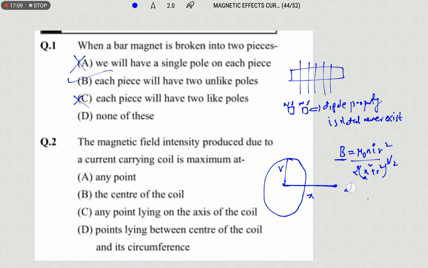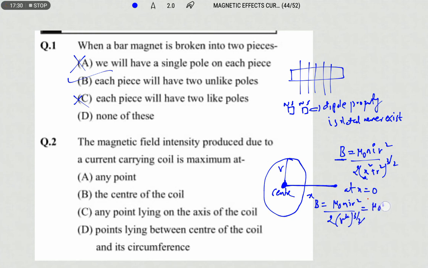Then let us take x equals 0, that is, I am moving to the center of the coil. So we can substitute: mu naught N i r square by 2 times (x value 0, r square) all to the power of 3 by 2. The 2 gets cancelled.